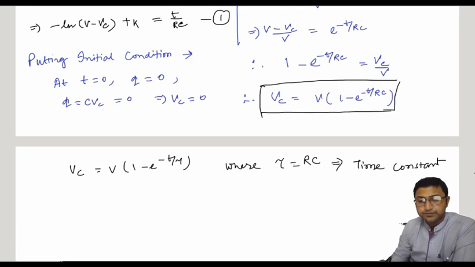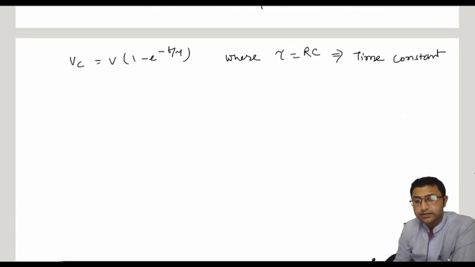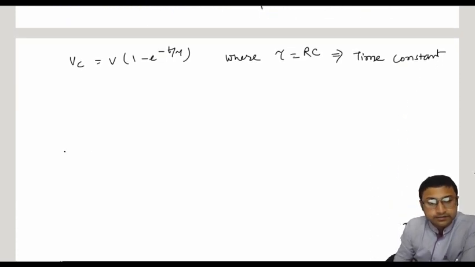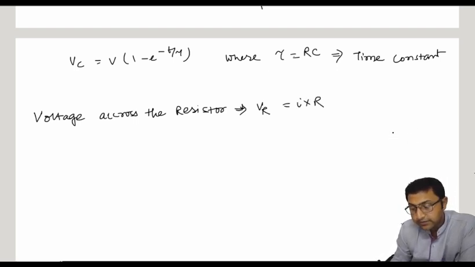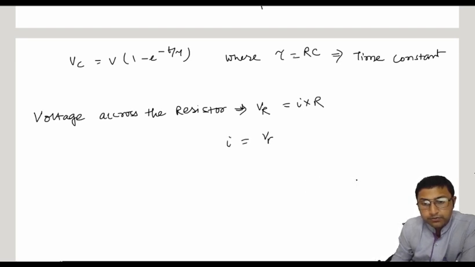Okay, so now the next equation, that is the voltage across the resistor, that is equal to VR. So VR equal to I current into R resistance. So the I equal to VR by R. And what is VR?